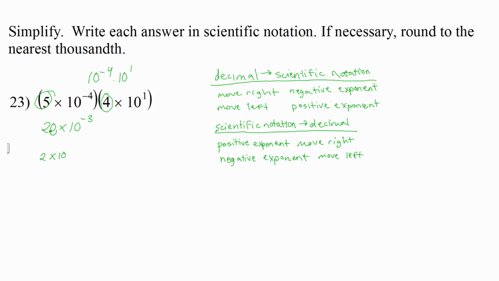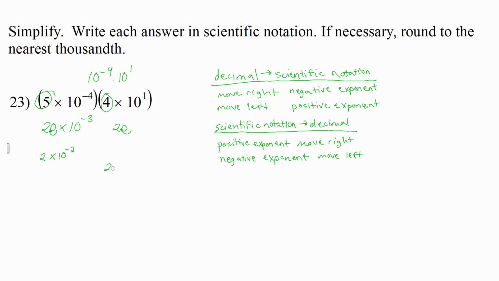So if we're using our tricks over here, 20 is in decimal form because it's not in correct scientific notation. We moved to the left, and so since we went decimal and we moved to the left, we have a positive exponent. So in other words, we need to add 1 to what we already have. So that means that this would be 10 to the negative 2.